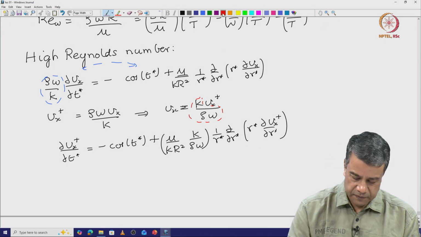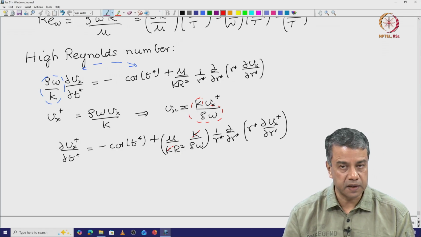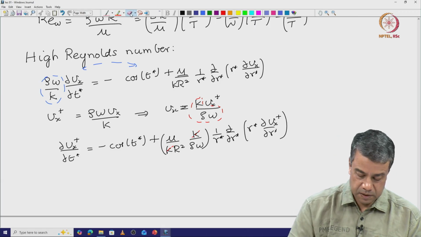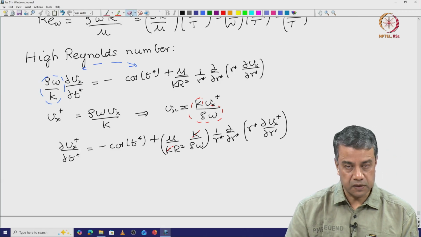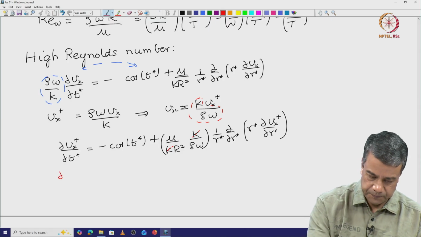And you can easily verify that this k and k cancel out, and I get mu by rho omega r square. Mu by rho omega r square was 1 over the Reynolds number.